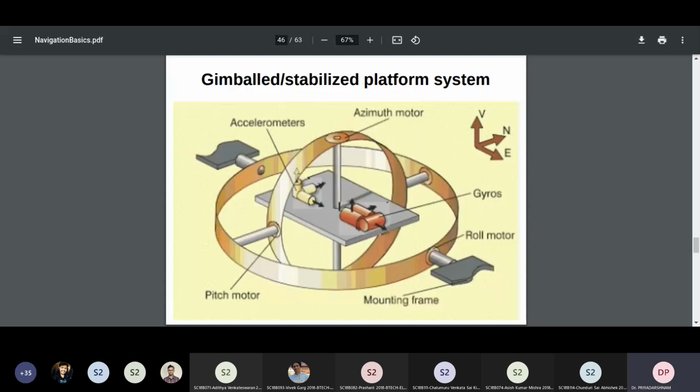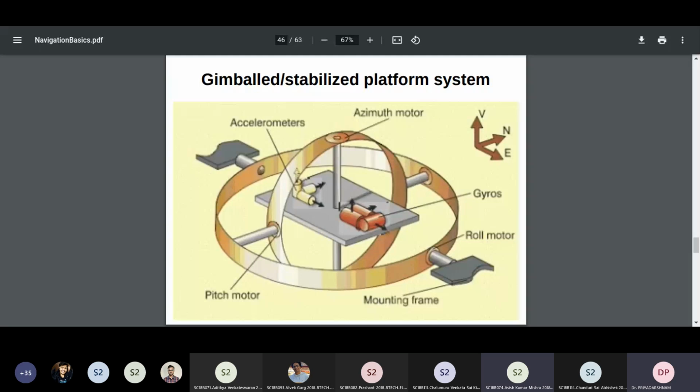So imagine an XYZ initial frame, and if you know the acceleration with respect to that frame, then you can double integrate and find the position in space. That is what this ideal gimbal or stabilized platform system does. If this concept is clear, the next one will be straightforward. The non-ideal one is just how to compensate for the non-ideality.